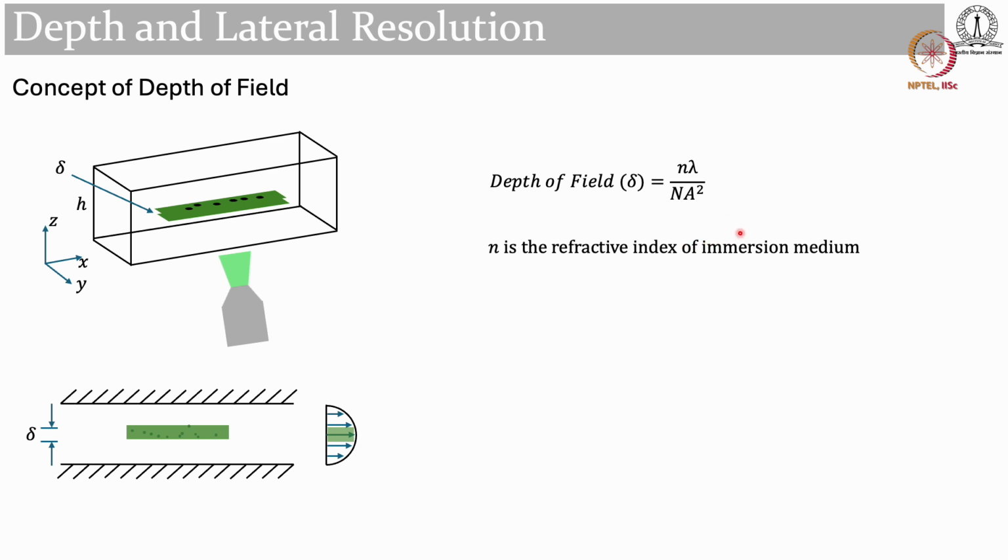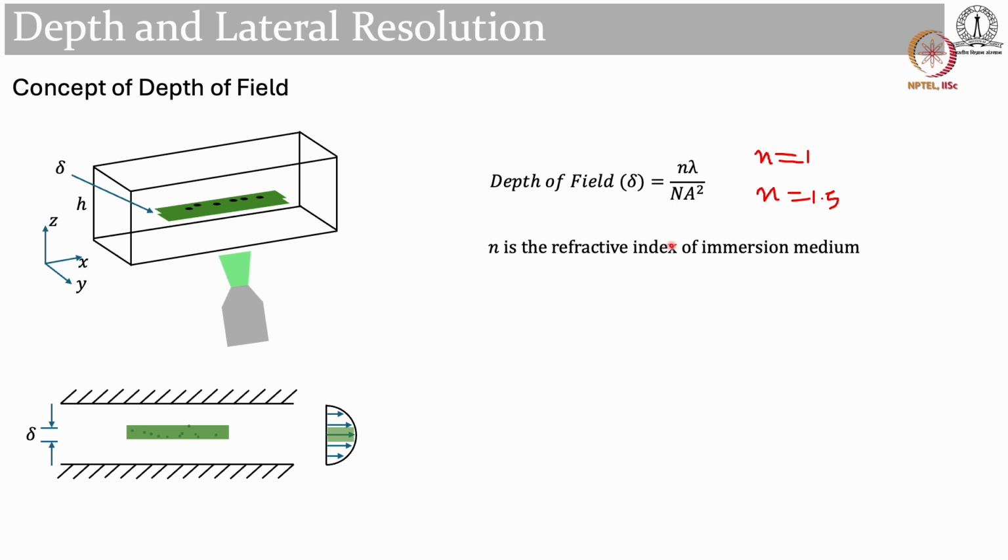And this n is equal to 1 if there is nothing but air, and it can be around 1.4 to 1.5 if you are using some oil immersion on top of this objective lens.